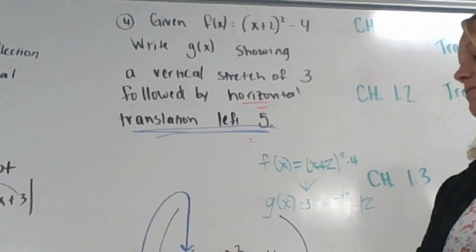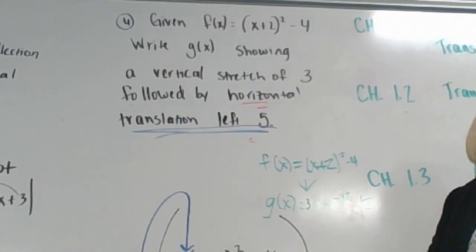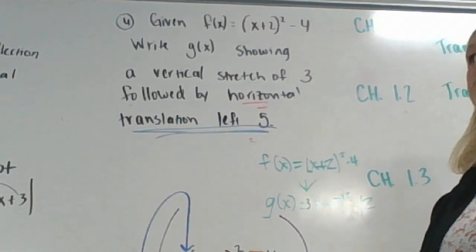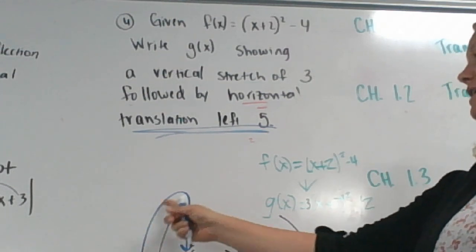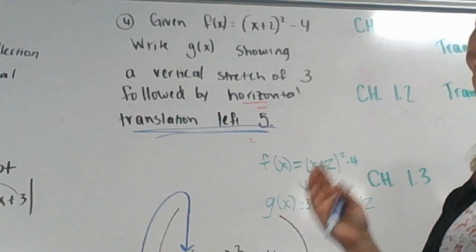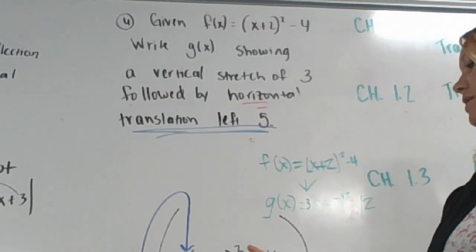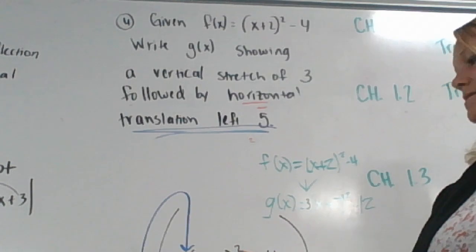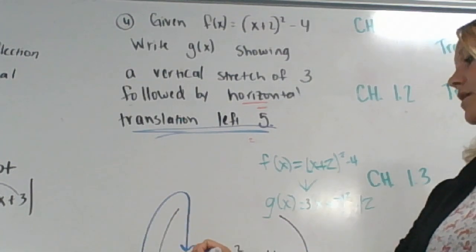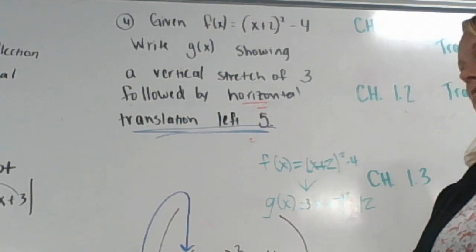I do not distribute into this quadratic, okay? PEMDAS says that exponents come before multiplication. So I can't break into this. It's just like the absolute value bars. This exponent takes priority. I can't multiply in because of the exponent. So the 3 will go here. It will not go inside.